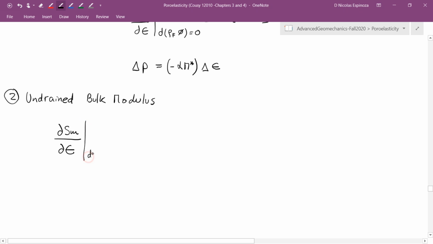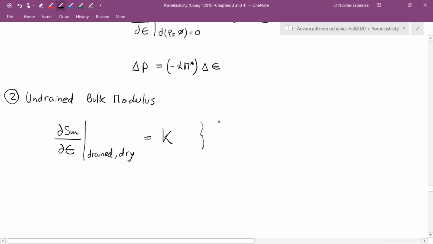So either under drained conditions or with a dry rock, or a fluid that has a very large compressibility, this results in the bulk modulus K, and we usually just denote that with K and nothing else.